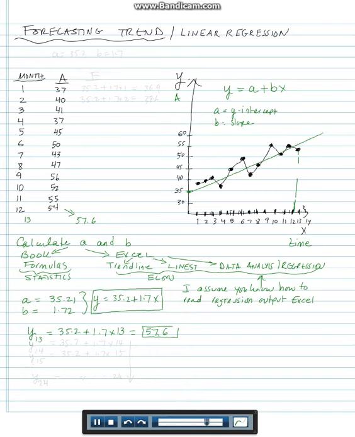Can I do February of next year? Absolutely, you can. 35.2 plus 1.7 times 14. March, same thing, 35.2 plus 1.7 times 15. And so on. You can go as far as December, so that would be 24.